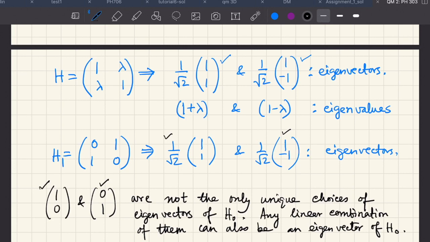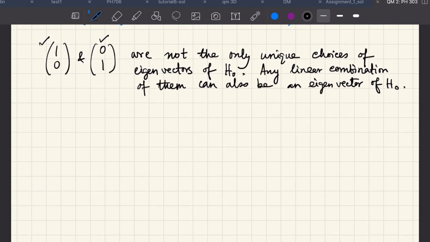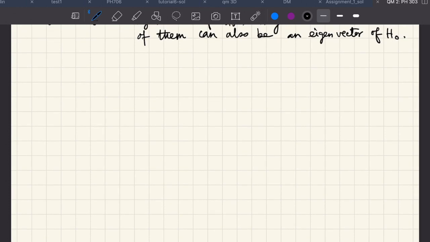So let us then formulate the formal setup to study degenerate perturbation theory.